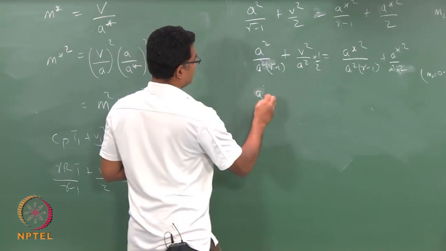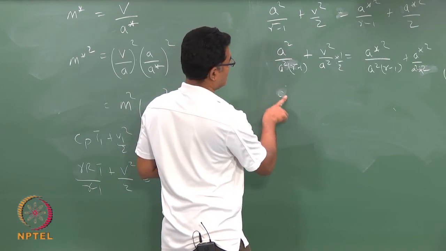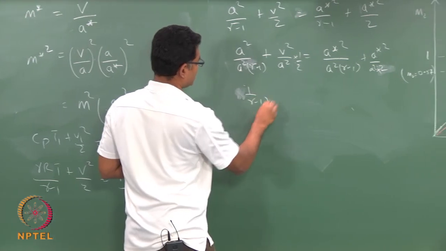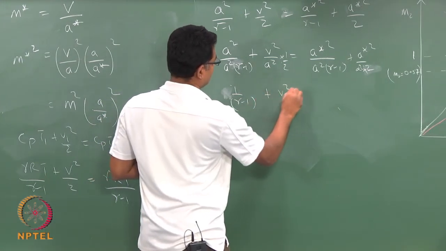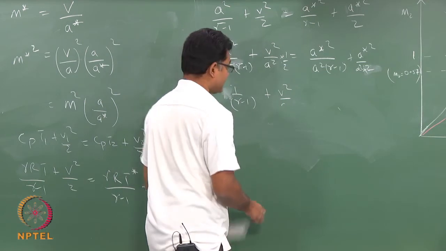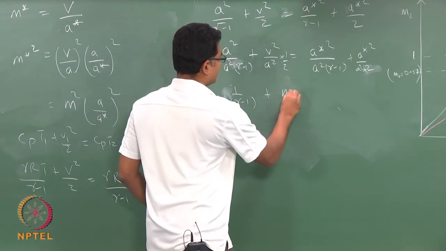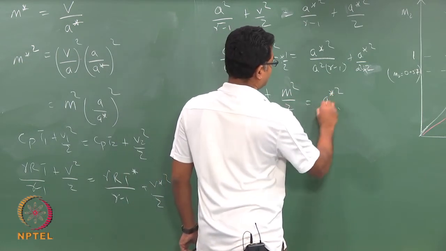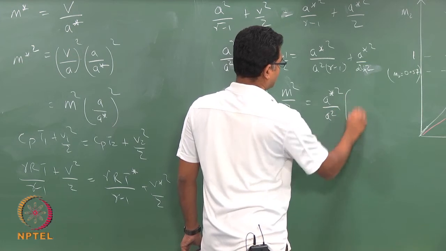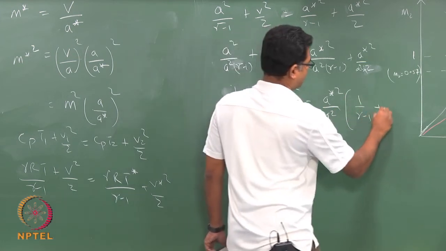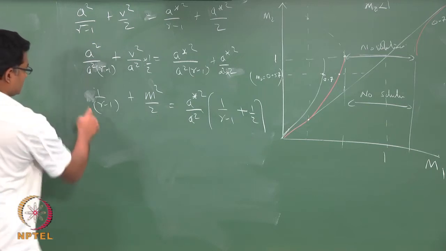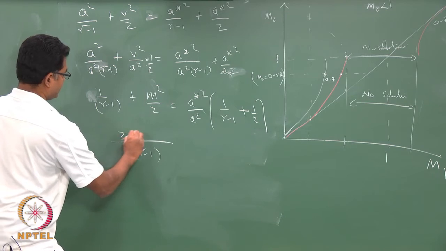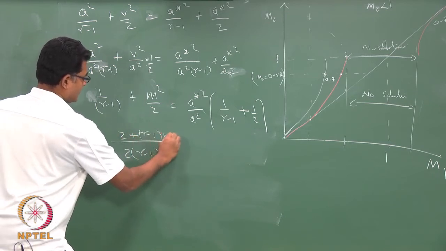This is 1 by gamma minus 1 plus V square by A square, which is M square. Okay, so this is 2 by gamma minus 1, the 2 plus gamma minus 1 M square.